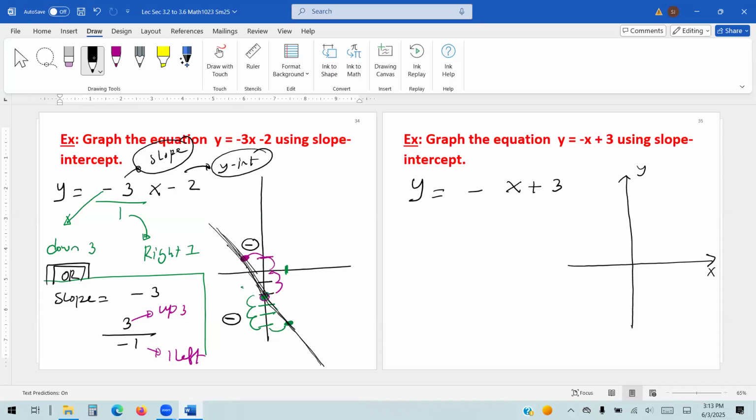Going down 1, the denominator is positive, so go right. Plus on the bottom is right. Plus on the top is up. So it means I go 1 down and 1 to the right.